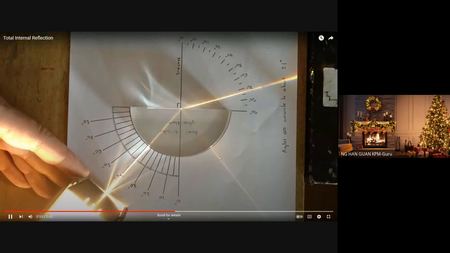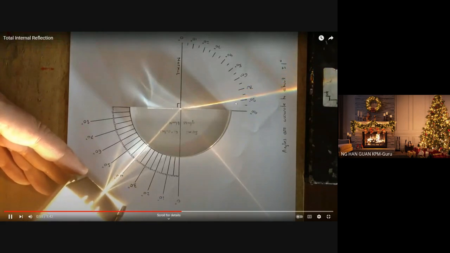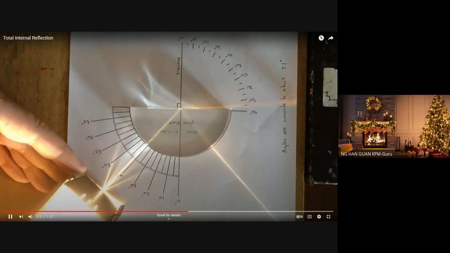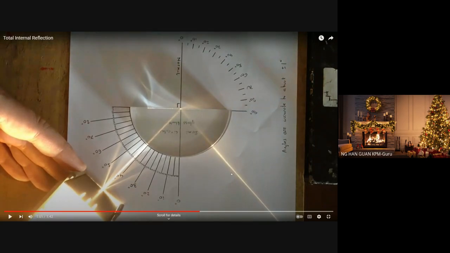So I think you can see it getting brighter and brighter, and outside here getting dimmer, and now missing, no more. So now the brightness is almost equal already. By right, it should be equal. So this one, we call it total internal reflection at this moment.